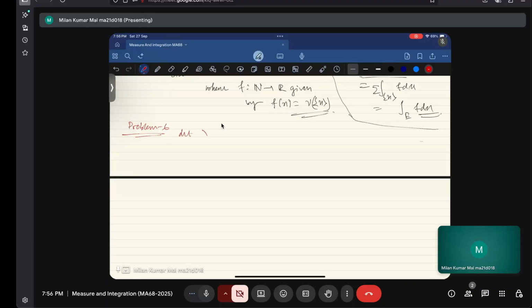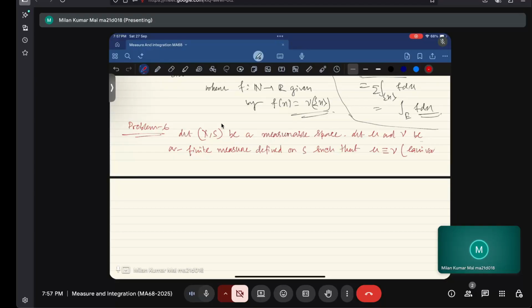Let X be a measurable space. Let mu and nu be sigma finite measures defined on the sigma algebra S, such that mu and nu are equivalent.